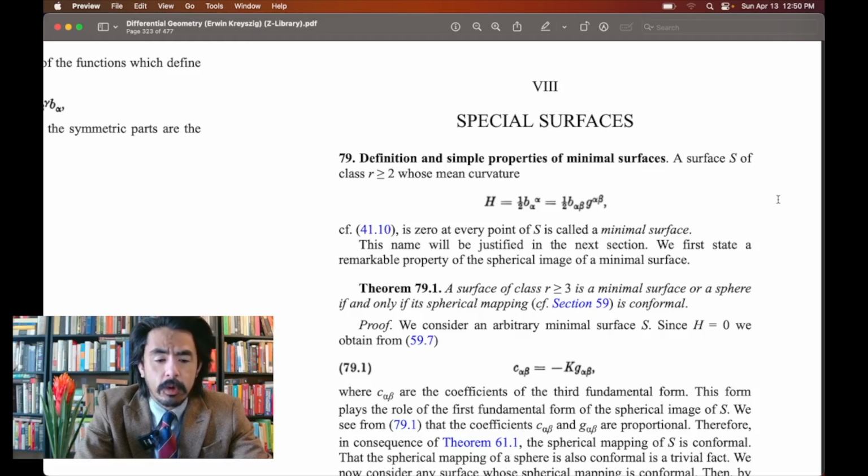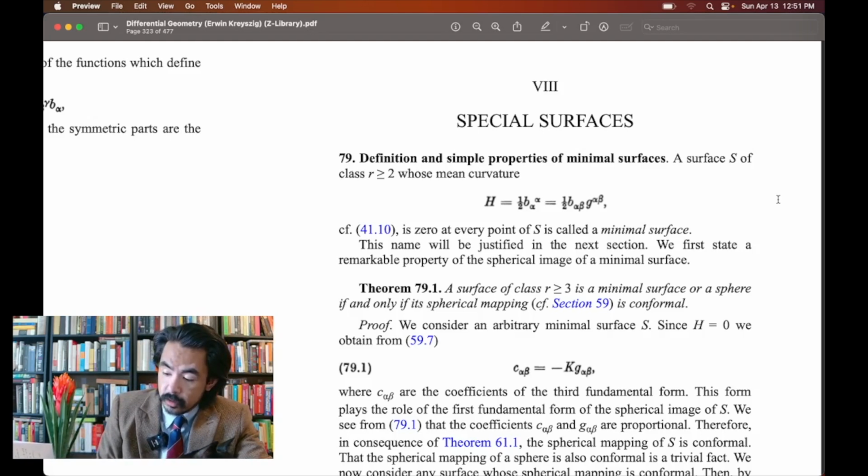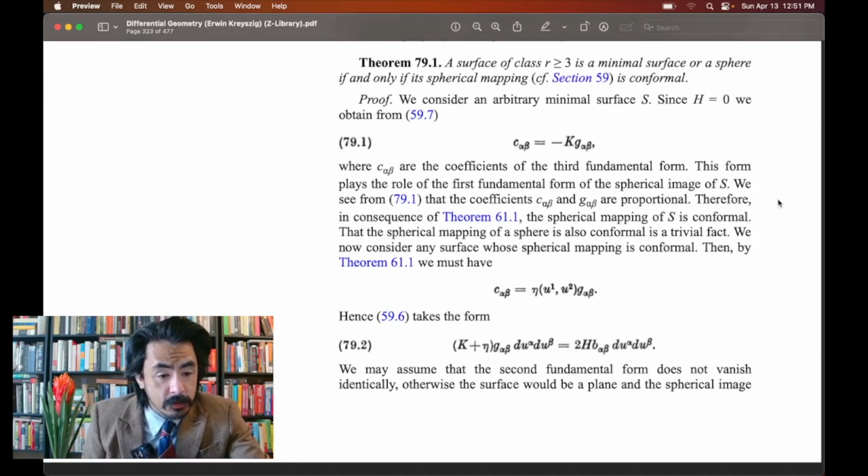Theorem 79.1. A surface of class R greater than or equal to 3 is a minimal surface or a sphere if and only if its spherical mapping, refer back to section 59, which is on the spherical image of a surface, the third fundamental form, and isometric mapping of developable surfaces, is conformal. The proof is as follows.